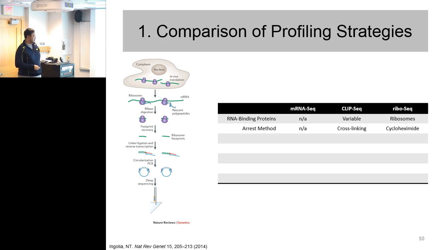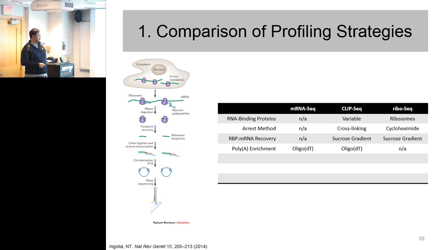The arrest method used in methods like CLIP-seq is usually cross-linking or some sort of chemical cross-linking procedure like formaldehyde. Ribo-seq, like I mentioned, uses those translational inhibitors. The method of recovering those mRNA-RBP complexes is similar across the two methods. mRNA-seq obviously does not require that.